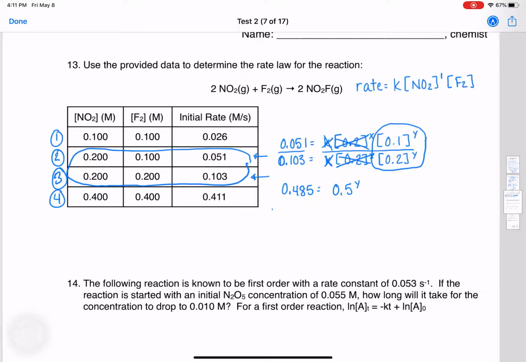You can see that that exponent needs to be a 1. If y was a 0, then 0.5 to the 0 equals 1. That doesn't work with our data. 0.5 to the 1 is 0.5, and that's pretty close to 0.485. 0.5 to the 2 is 0.25. That's pretty far off of our data, so that also doesn't work.